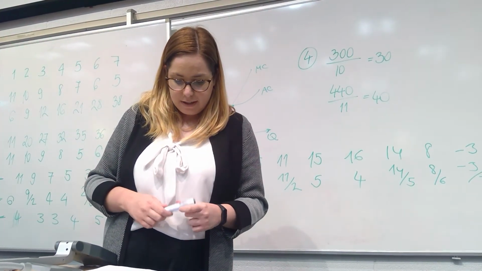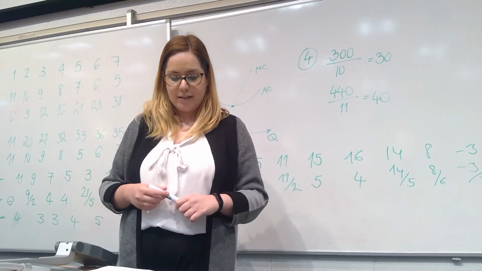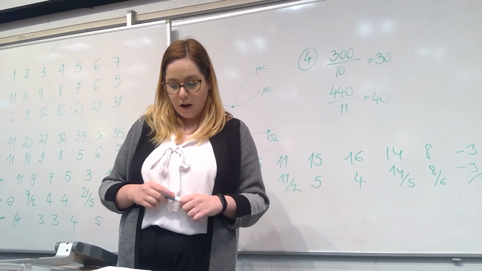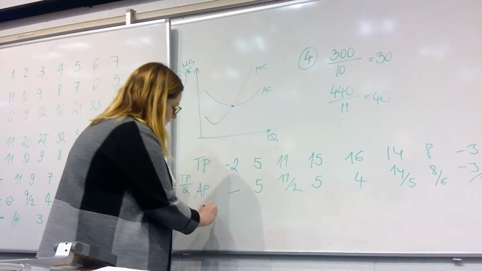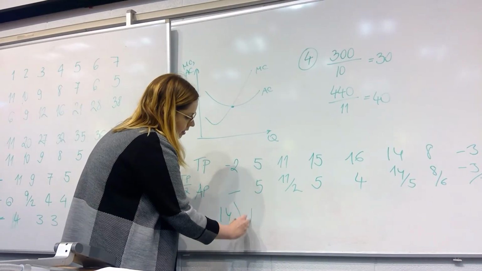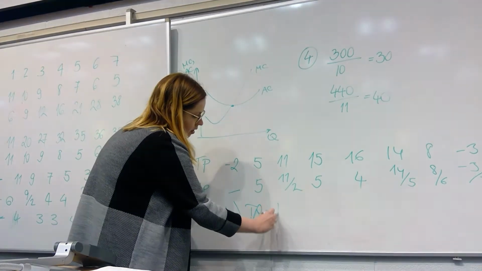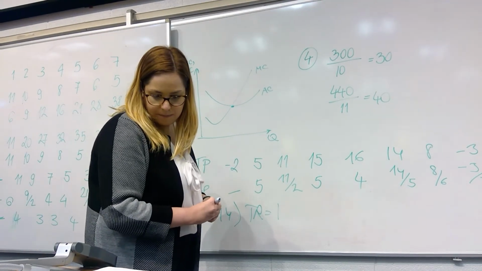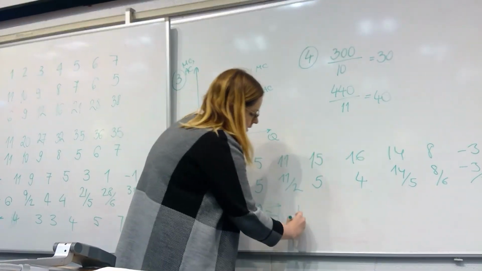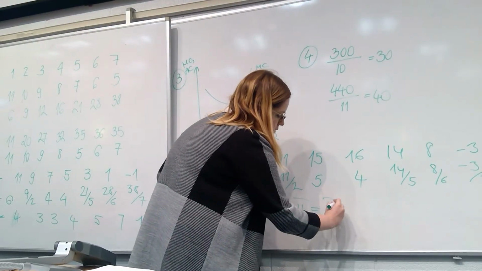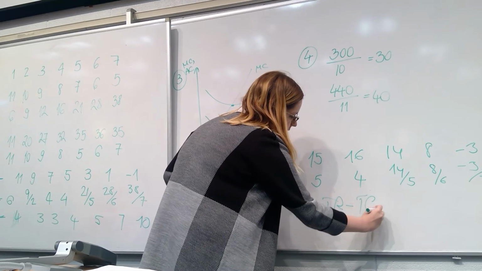Question number 14 states, if a profit is £20,000 and total costs are £80,000, then what is the revenue? So we can simply solve this. Our profit would be total revenue minus total cost.